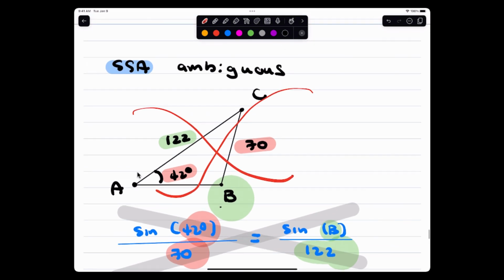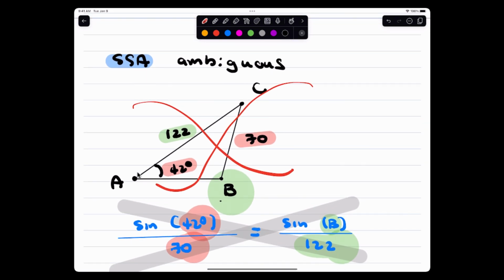So this is the last situation for the ambiguous case, being no what? No solution. Okay, you guys okay with that?